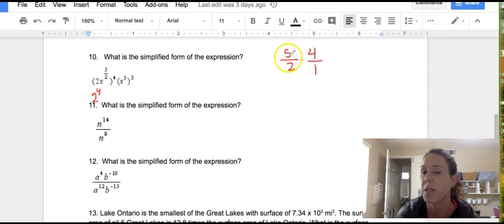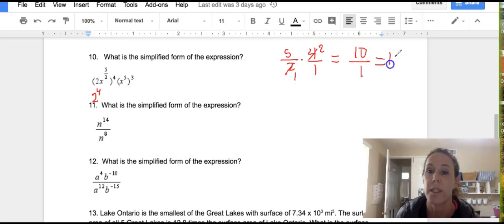So I can multiply straight across the top and straight across the bottom, or I can cross cancel to make it easier. 2 goes into 4 2 times. 2 goes into 2 once. So this is 5 times 2, which is 10 over 1, or just 10. So multiplying these, I'm going to get x to the 10th power. So 2 to the 4th power, multiply these, x to the 10th power.